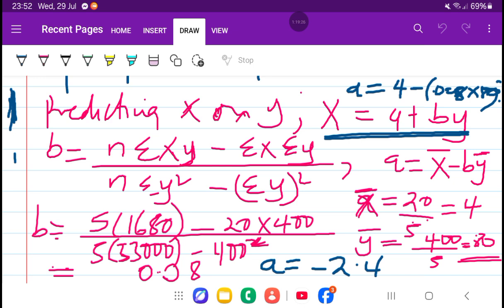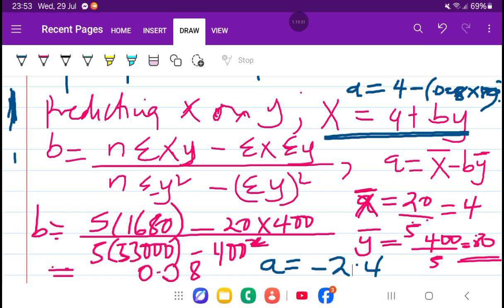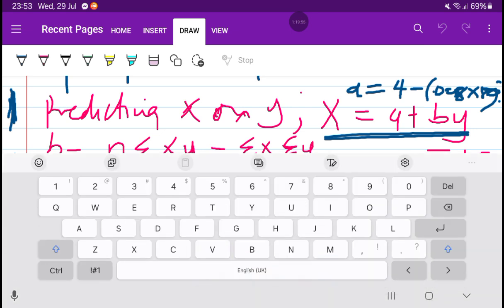When you substitute in the equation, you'll find that you'll have negative 2.4 plus 0.08 y. So x will be equal to negative 2.4 plus 0.08 y. That will be the equation of the line if we are predicting x on y.